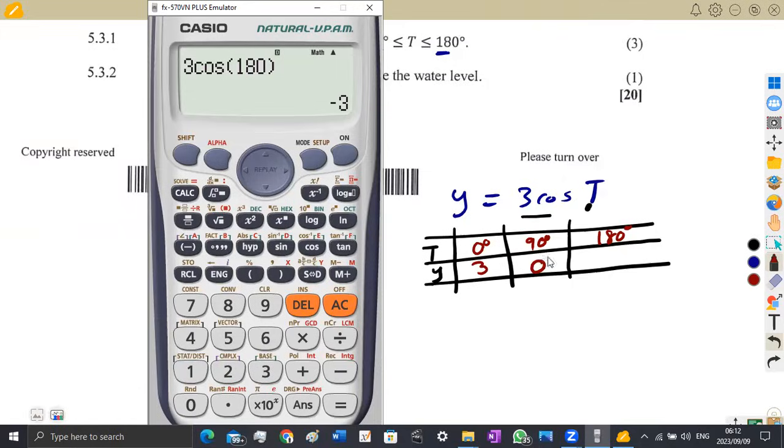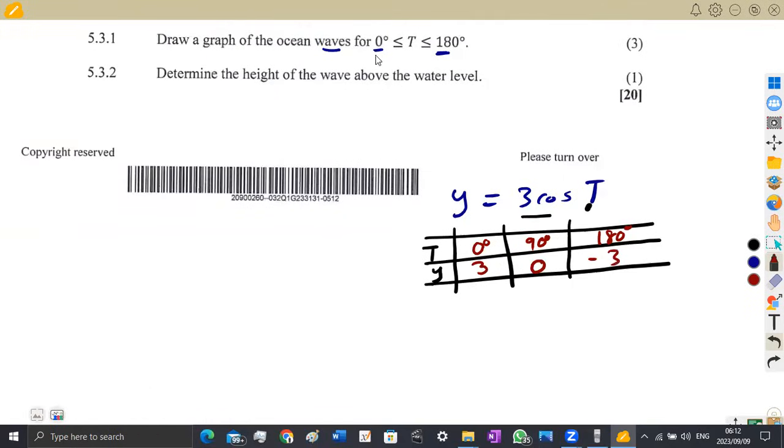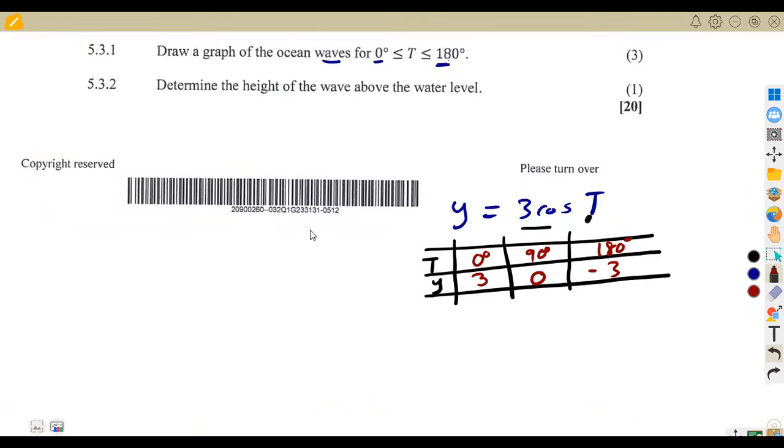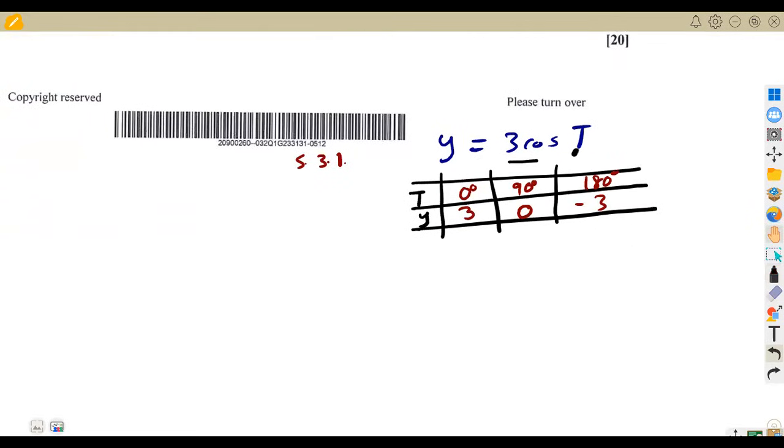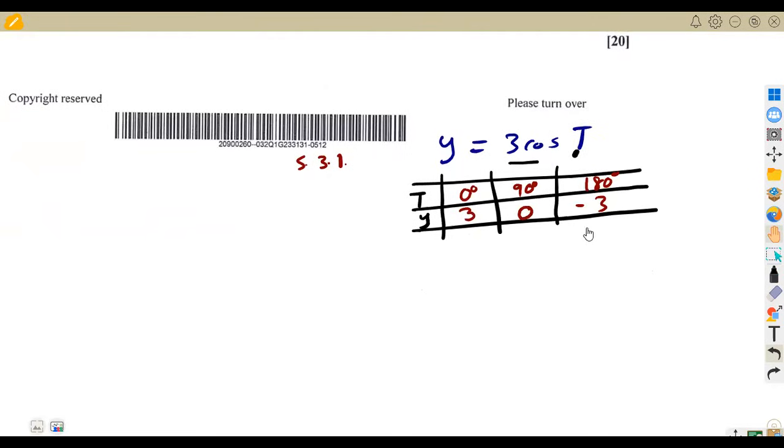So as we are supposed to end at what? At 180, from 0 to 180. Remember how the graph of cosine is taken, but you're supposed to have this on a graph paper. Here, because of our time, guys, I'm not going to have this. I'm just going to have a sketch of how you are supposed to have this as your final answer.